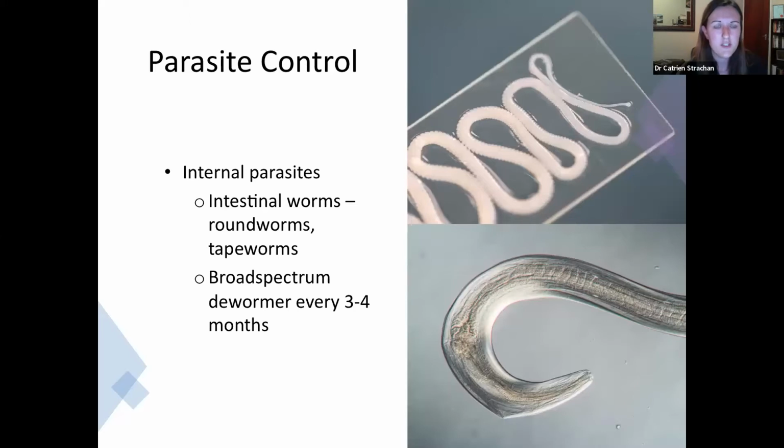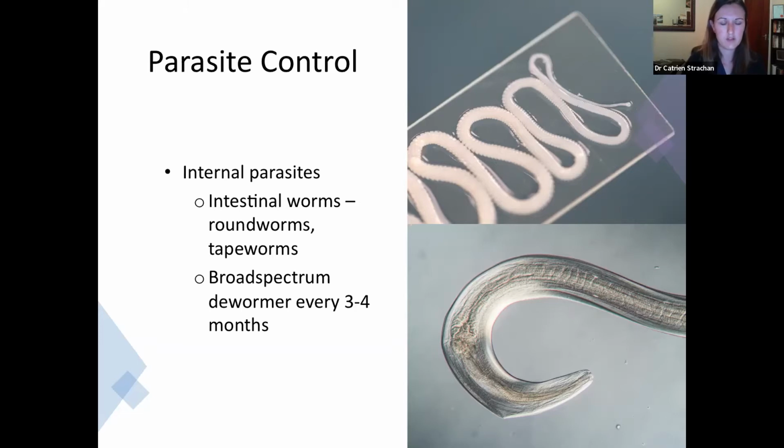All right, parasite control. Dogs get what we call internal and external parasites. We'll start with the internal parasites. Those are basically intestinal worms, the most common internal parasites of dogs. Dogs usually suffer from roundworm or tapeworm infestation.